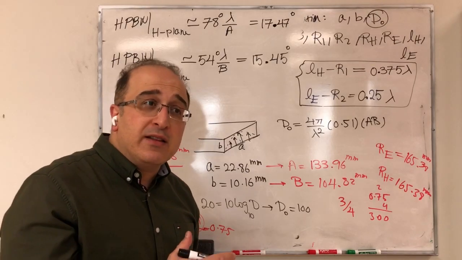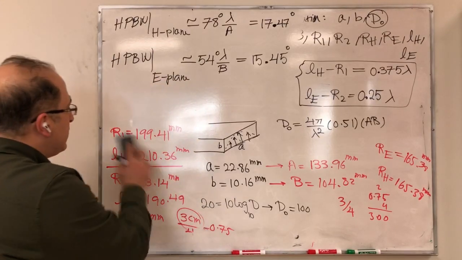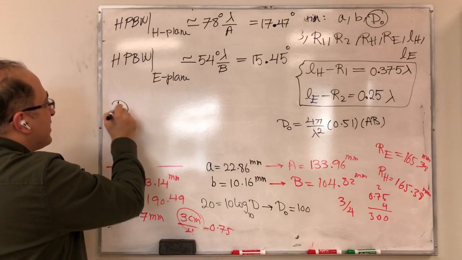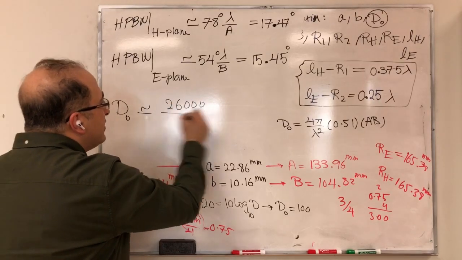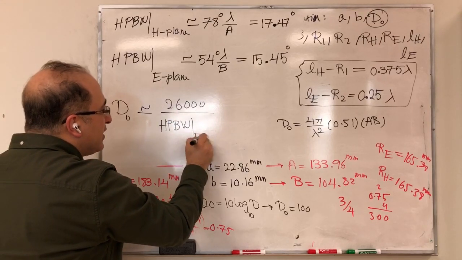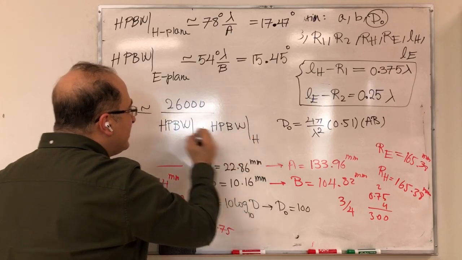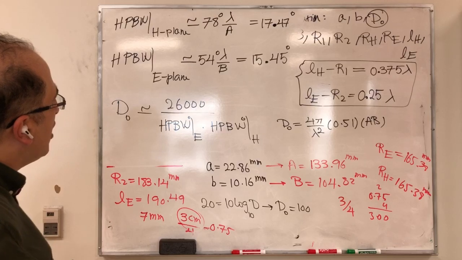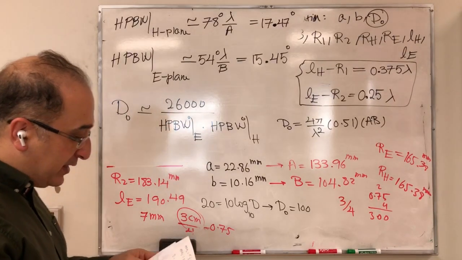One that you already saw in the videos related to measurement is the following: you estimate directivity by about 26,000 divided by the half power beamwidth in the E plane multiplied by the half power beamwidth in the H plane. In these equations, the half power beamwidths are in degrees.